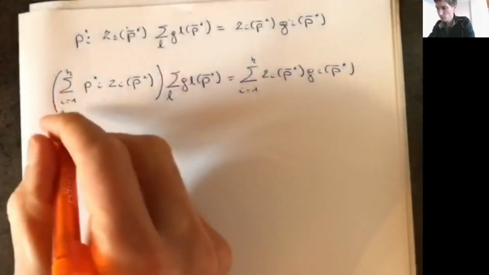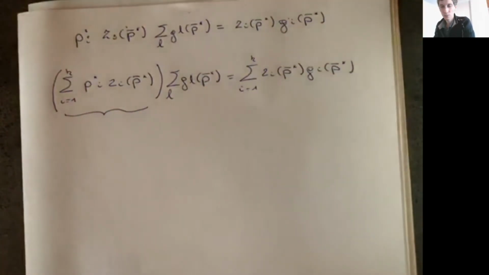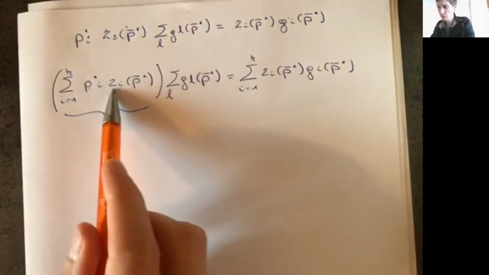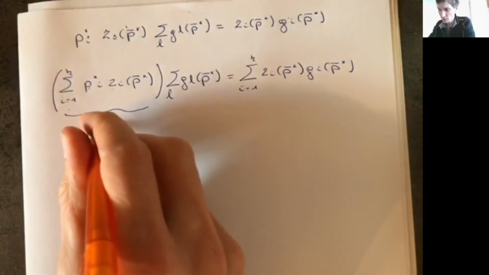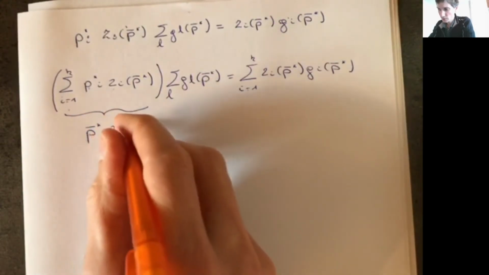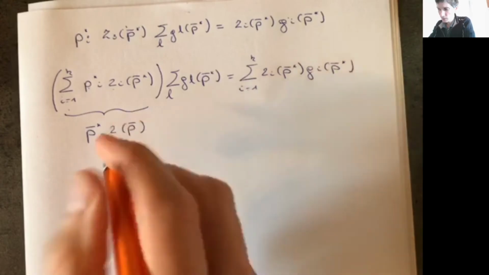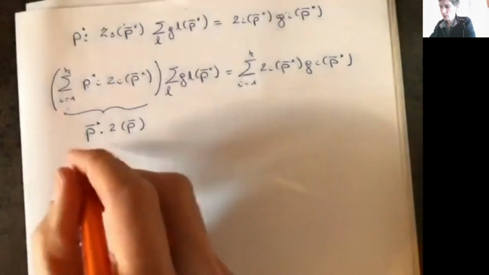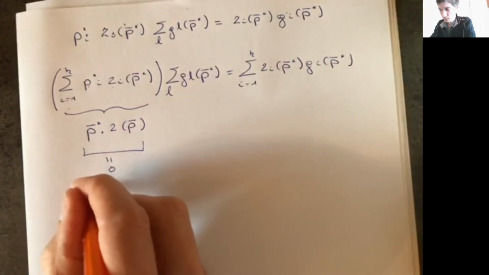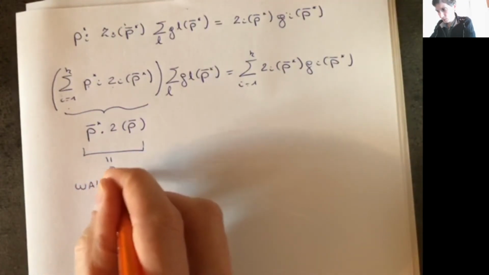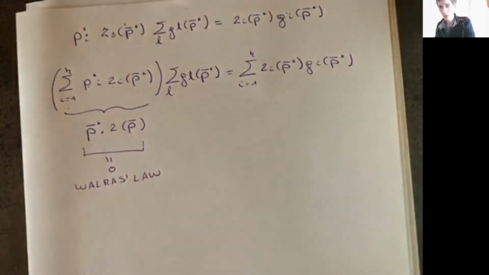So let's have a closer look at this term. What's this? This is the price of good i multiplied by z_i of p star, and then you sum over it. So you can recognize this as the inner product of p star and z(p star). And we know that this is equal to 0 by Walras' law.